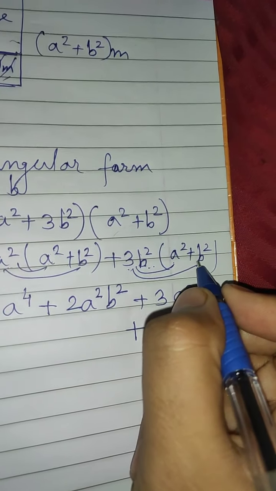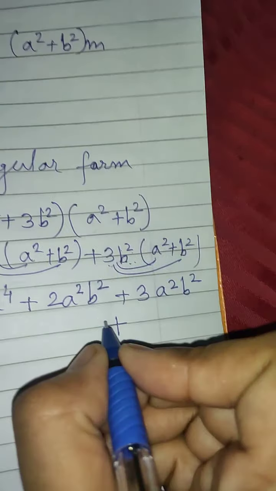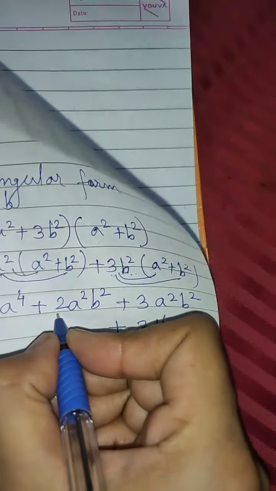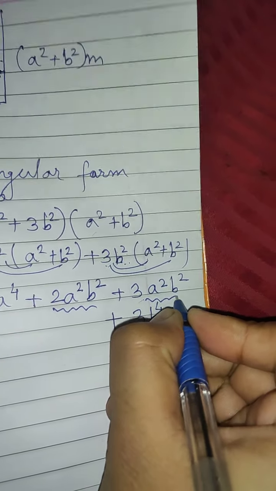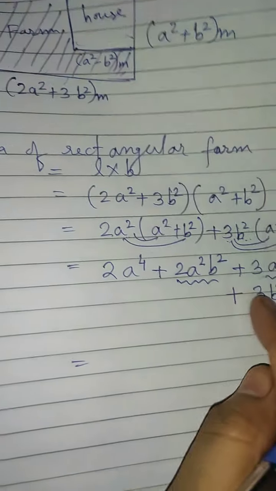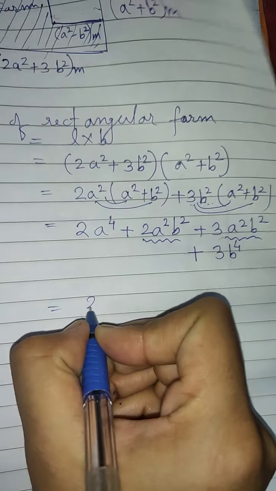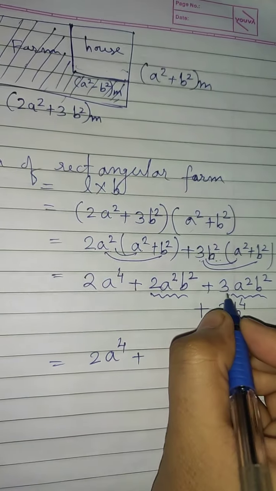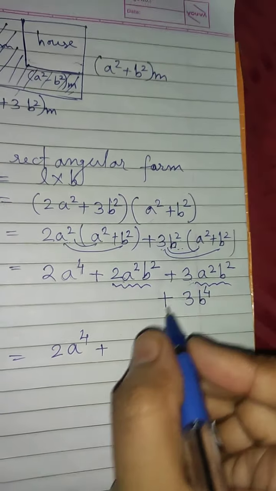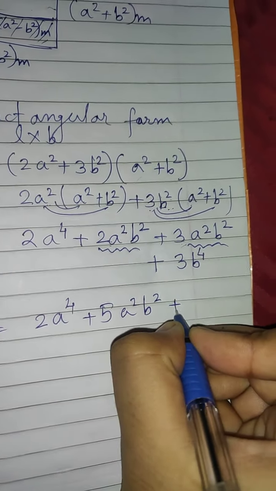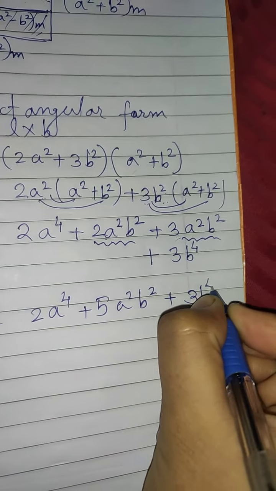Now both bases are the same, so 2 plus 2 is 4, so it will come 3b to the power 4. Now the middle ones are both a square b square so we can add them, the last one we cannot add because it is different. So 2a to the power 4 plus 3 plus 2 will come 5, and both are a square b square, so 5a square b square plus 3b to the power 4.